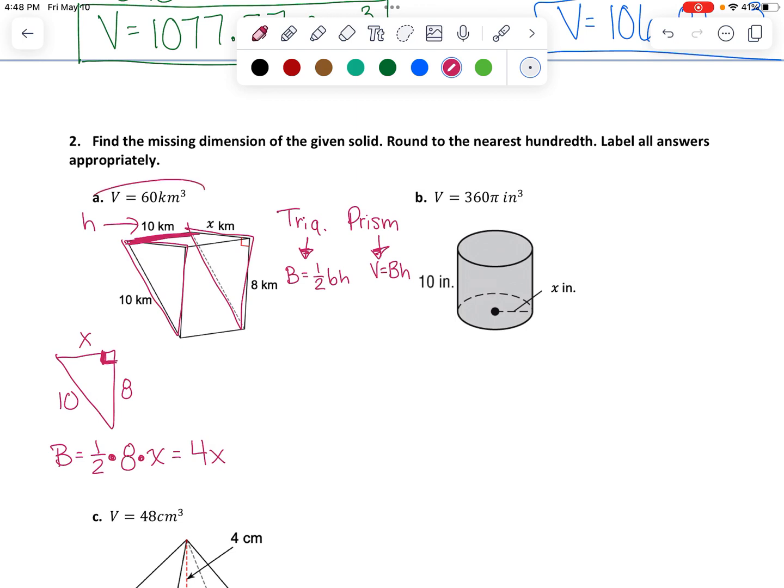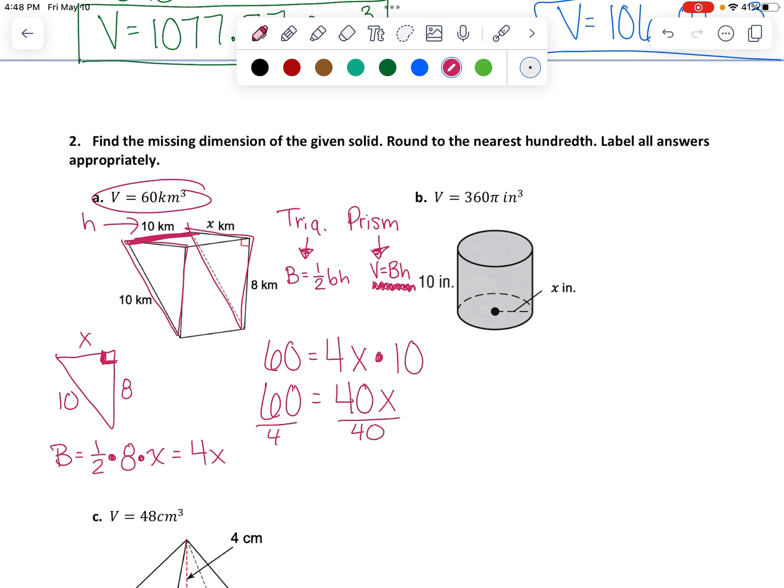So, I plug in what I know. I know the volume, which is 60, equals, because this is my formula I'm using now, which says volume equals base area times height. My base area, the best I've got, is 4x, times the height is 10. 60 equals 40x.